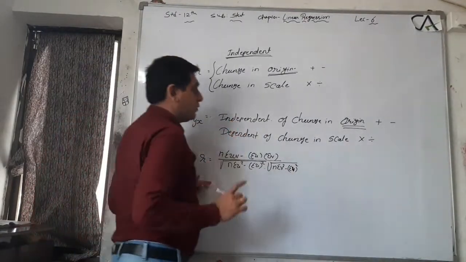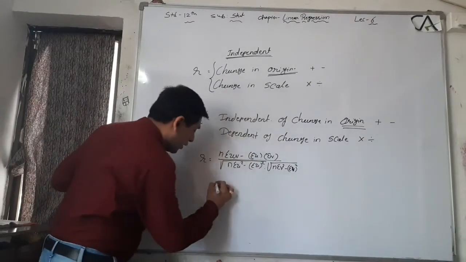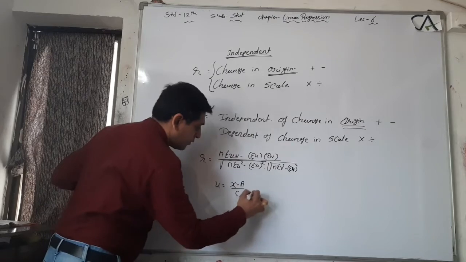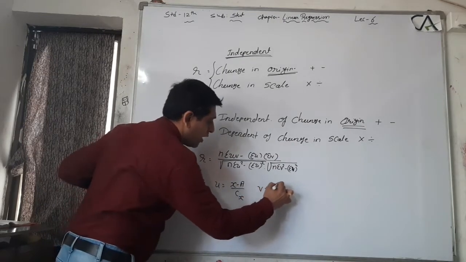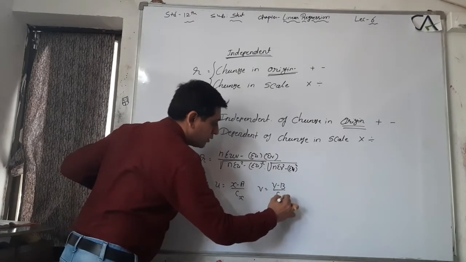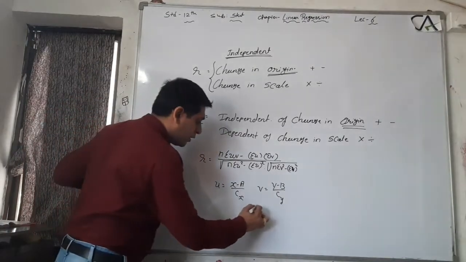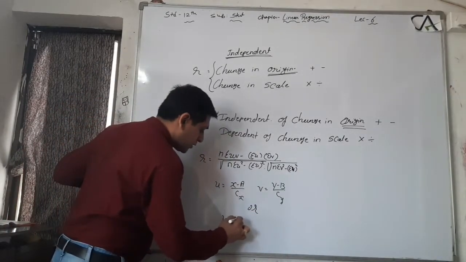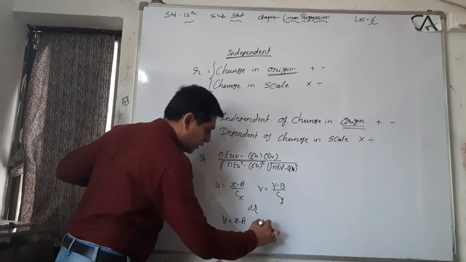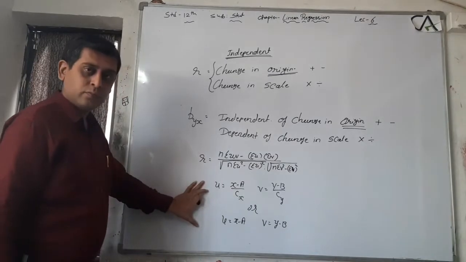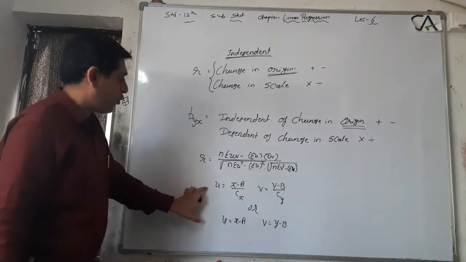If you are taking u equal to x minus a upon cx and v equal to y minus b upon cy, or you are taking u equal to x minus a only, or v equal to y minus b only, this is the formula for r.